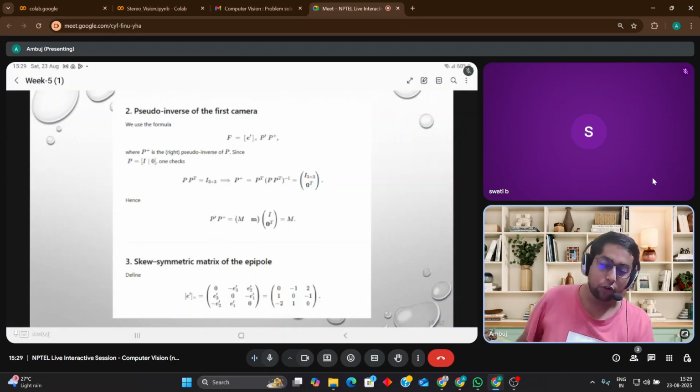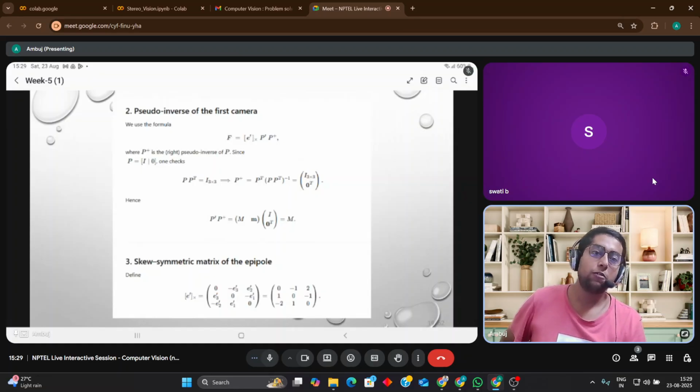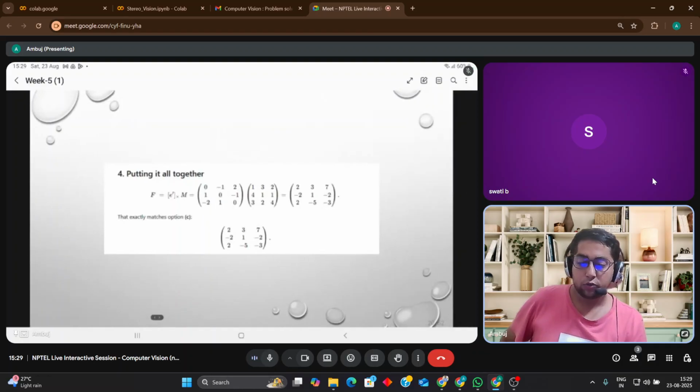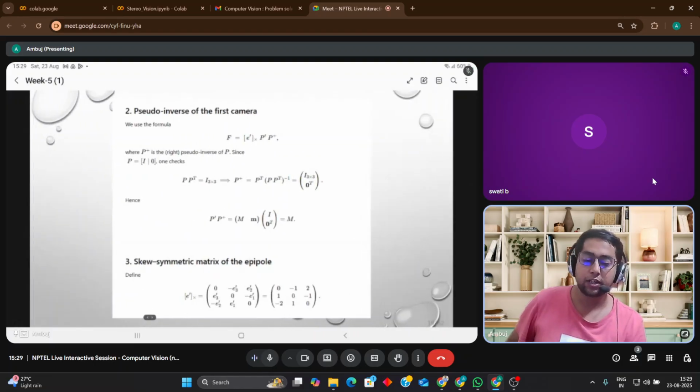I have repeated the direct formula multiple times: if a matrix is given, how to compute its skew symmetric matrix. Then you put all the things together: F, the fundamental matrix, is the skew symmetric matrix of E dash multiplied by M. Perform this matrix multiplication and you will directly get the option.